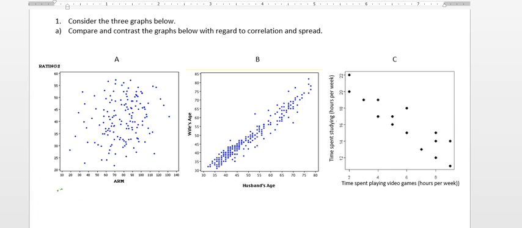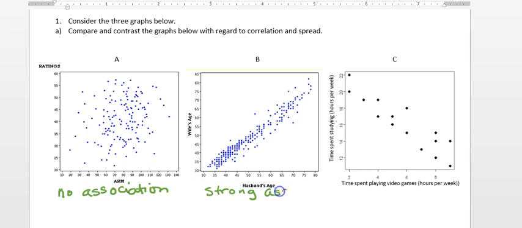Graph number A has what we call no association, meaning that all of the points are completely scattered all over the place. They're not going any direction. Here we are looking at husband's age and wife's age. Now on this one you actually have a strong association.